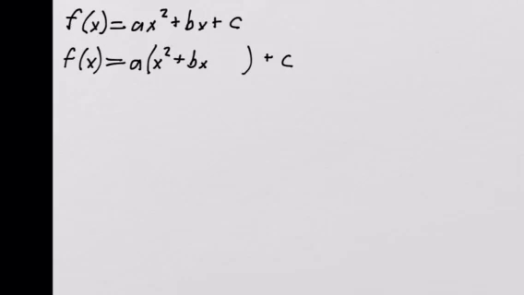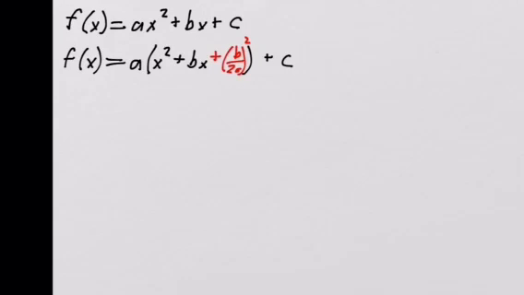And now, just like we did when solving an equation by completing the square, we can write plus b over 2a squared.